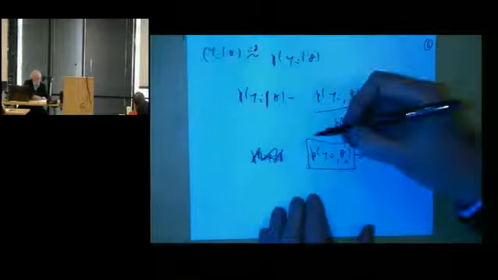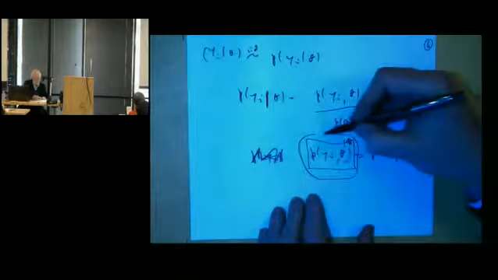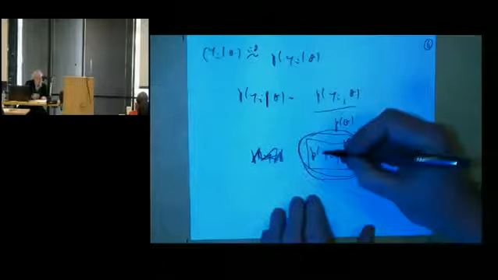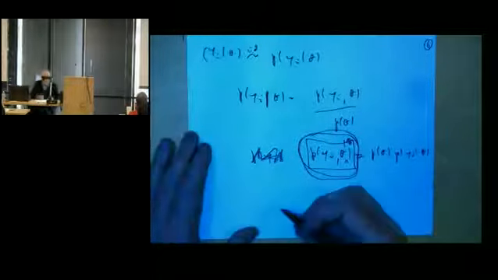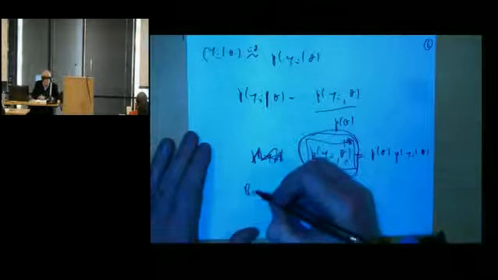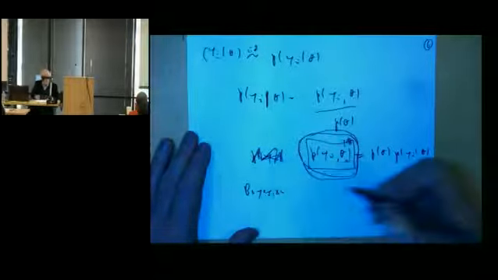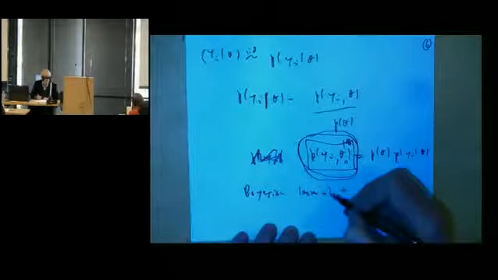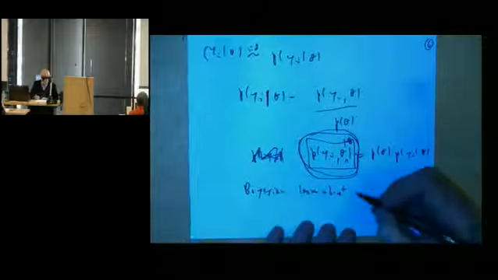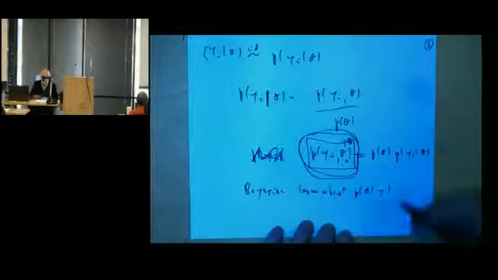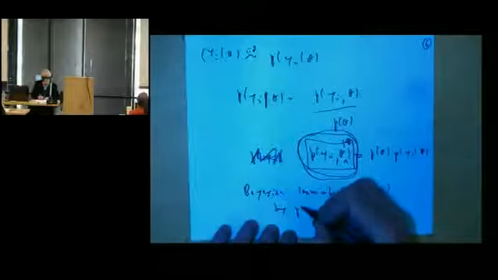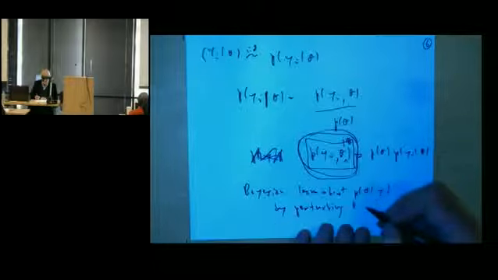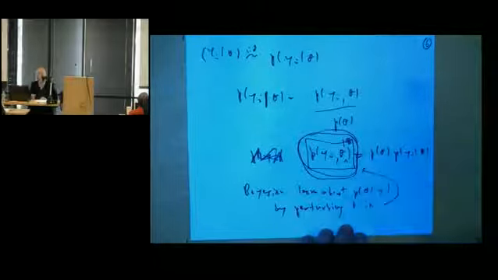If you regard this thing as somehow the central object of interest, then the idea is as follows. The Bayesian idea is to learn about P of theta given y by perturbing theta in that joint thing.